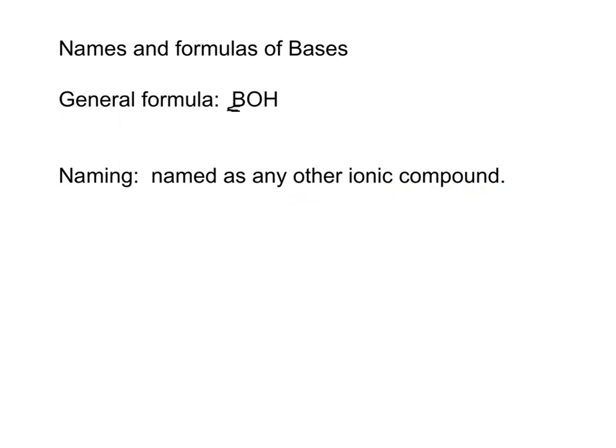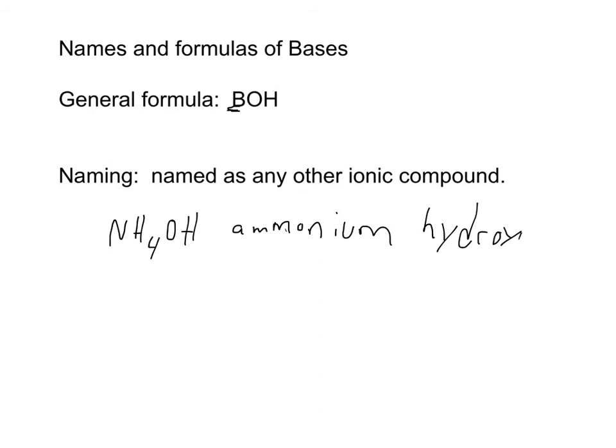So if, for example, we have NH4OH, that is ammonium hydroxide. I'm pretty sure you guys can spell that. If it was Ca(OH)2, that would be calcium hydroxide. So the base doesn't have any different naming system than the acid does, except it might have an (aq) after it because they're generally dissolved in water.